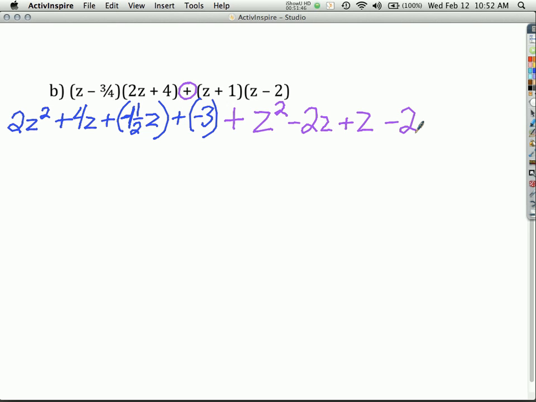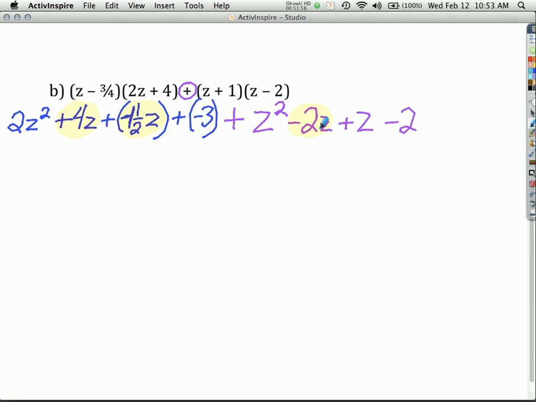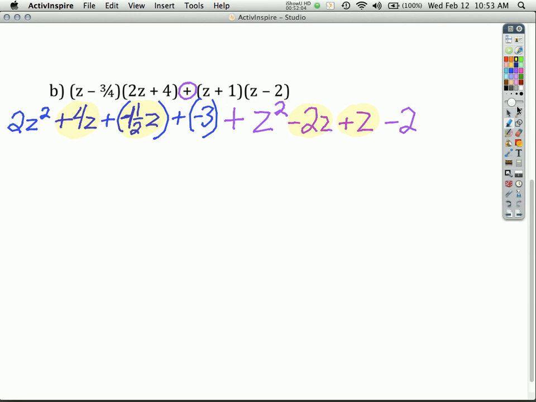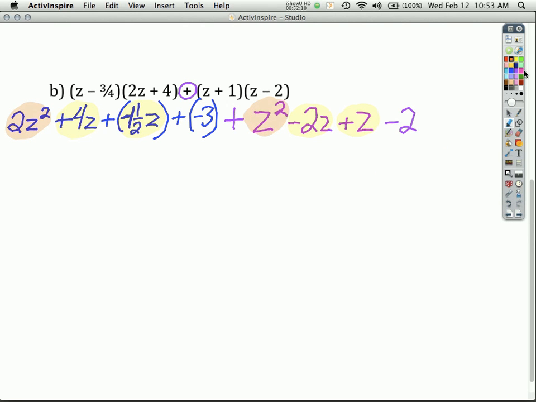And now you can see that waiting to simplify things was worth it because now we can find like terms all over the place. We've got this, this, this, and that. We also have z squared and 2z squared, and we have the negative 2 and the negative 3.